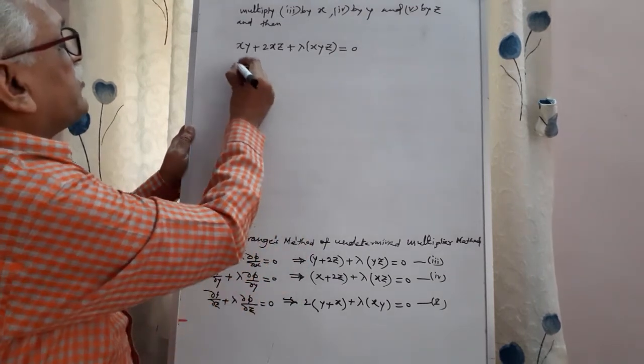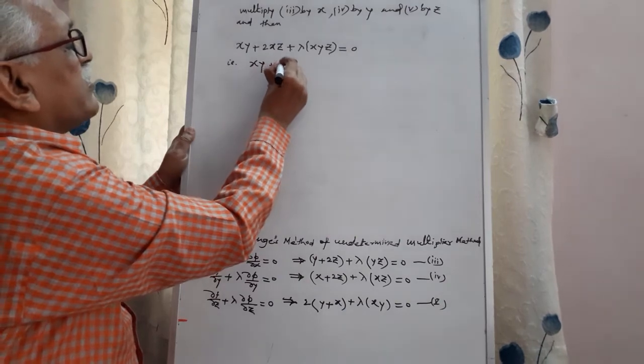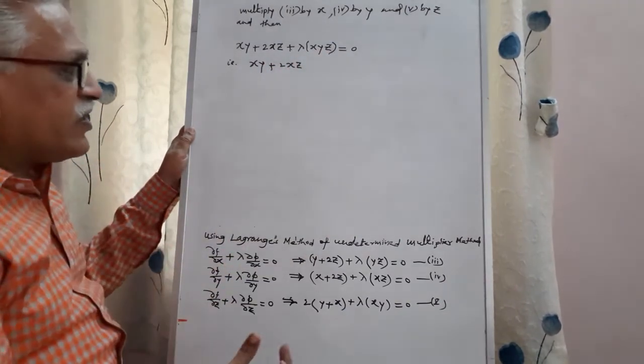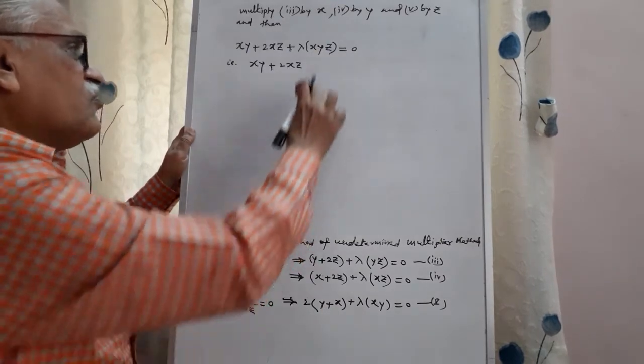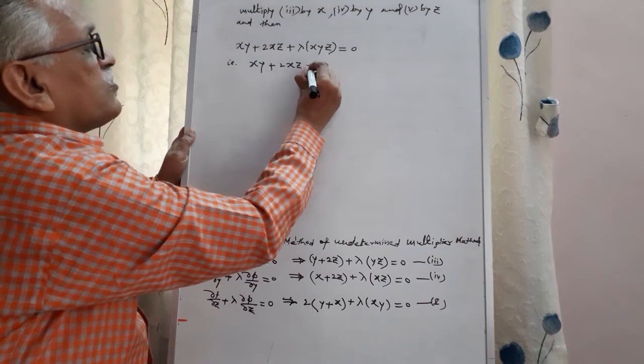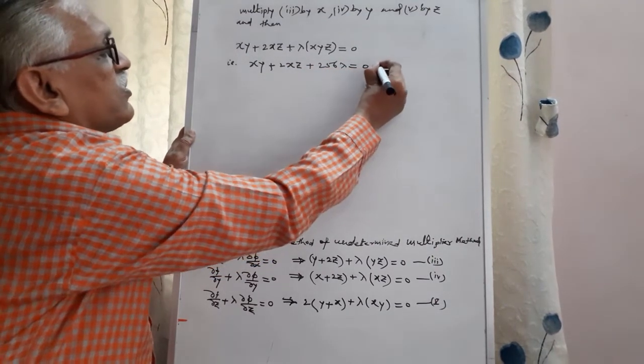Therefore, we get xy plus 2xz, and if you substitute the value of xyz as the volume, its value is 256. Therefore, plus 256 lambda equals 0. Equation number 6.